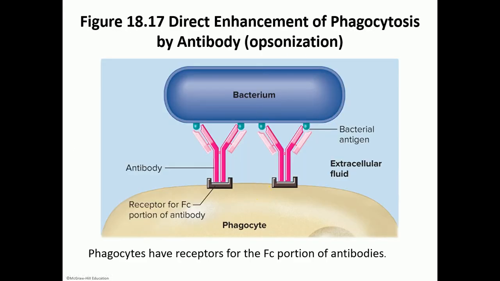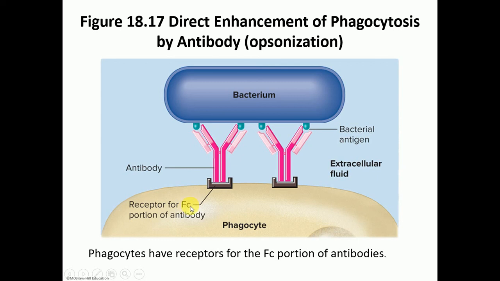So let's take a look at how antibodies help in the opsonization process, or the phagocytic process. Right here is the bacteria, and the bacterial antigen found on its surface is going to interact with the antigen-specific site of the antibody. Now, this antibody has its own receptor, the receptor for Fc, which is the constant part.